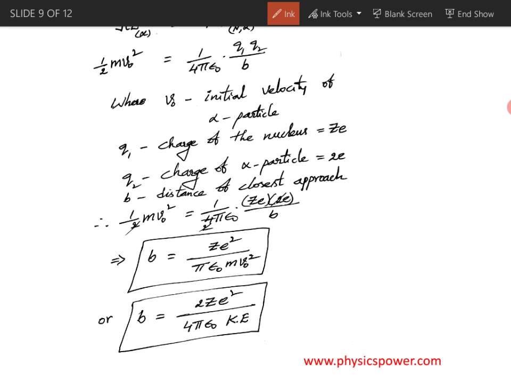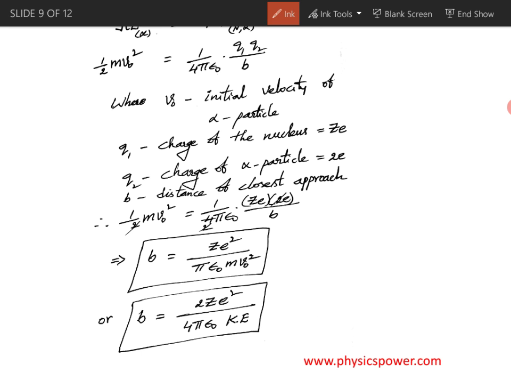Each proton charge is e, so the charge is 2e. So Q2 charge is 2e. For example, we consider a particular atom whose atomic number is Z. If you know the atom, then we can write that value. In general Z is the atomic number, so Z protons are there, and Z e is the charge. So Q1, the nucleus charge, is Ze, and Q2, the alpha particle charge, is 2e.